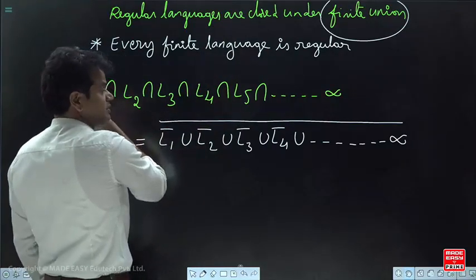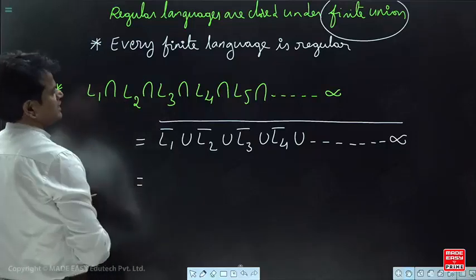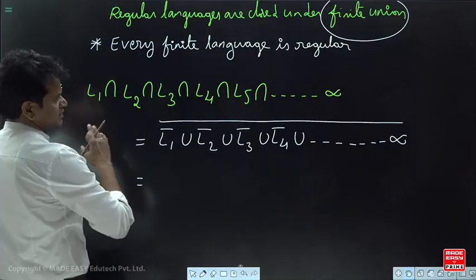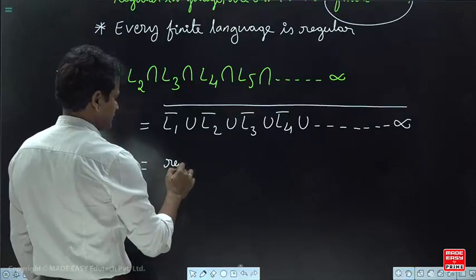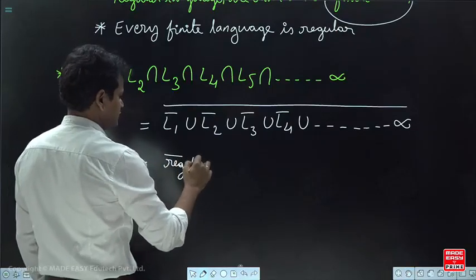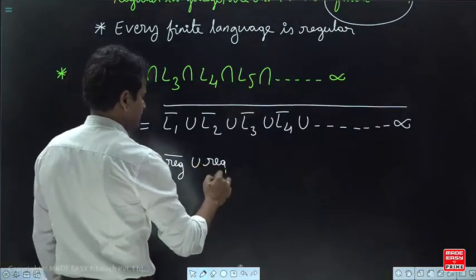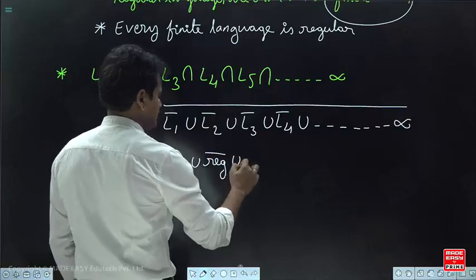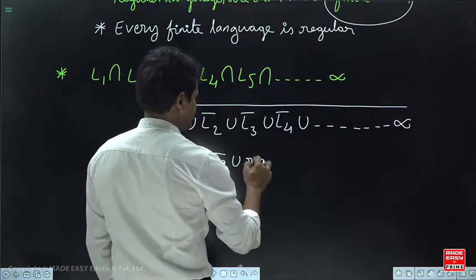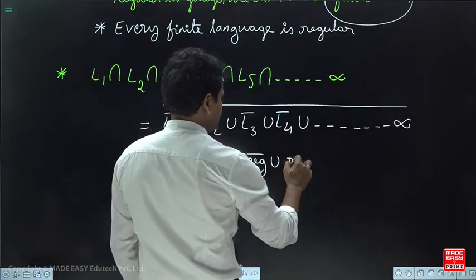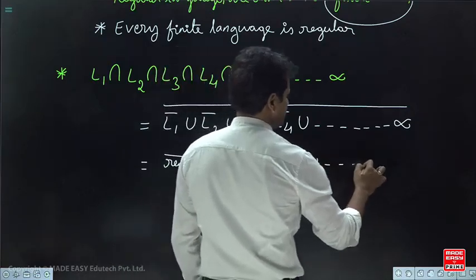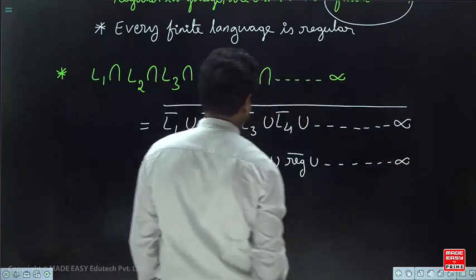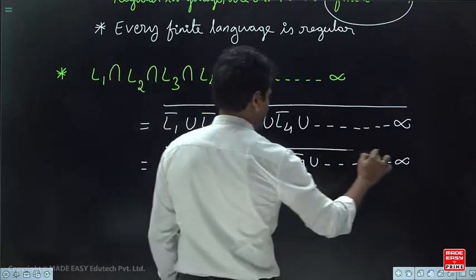Then what about the intersection of all of these? L1 is regular, its complement union; L2 is regular, its complement union; L3 regular, its complement union; L4 regular, its complement union, so on, infinite. Now what is its complement?